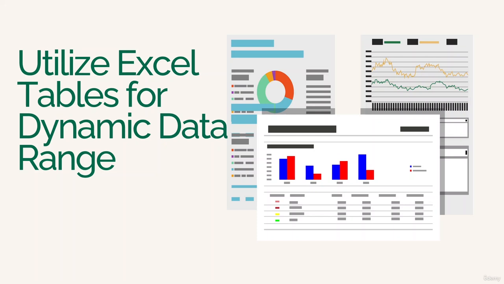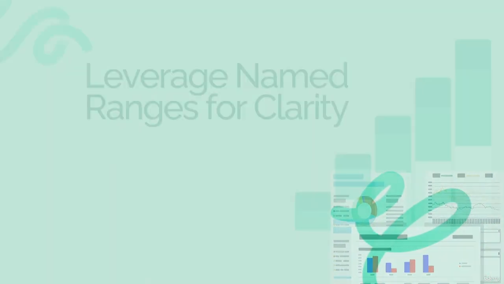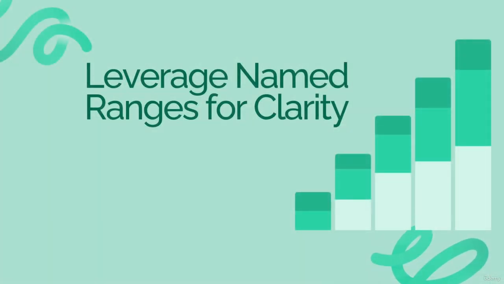Okay, so now let's move into the next tip, and the tip is leverage named ranges for clarity. Named ranges are like shortcuts for your data.